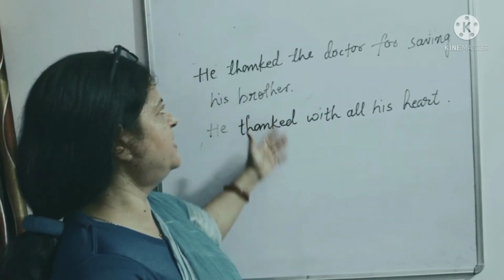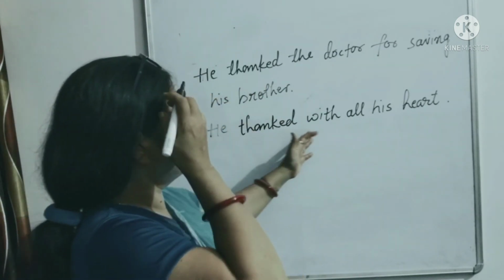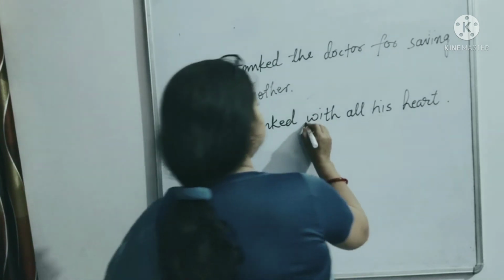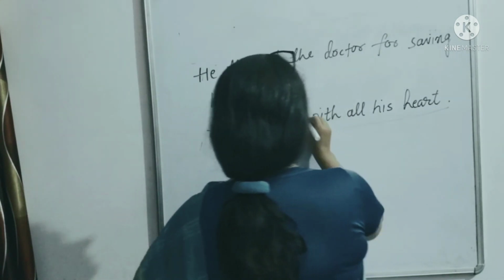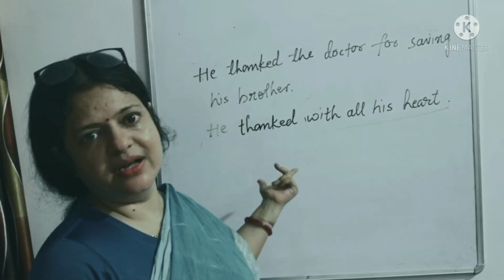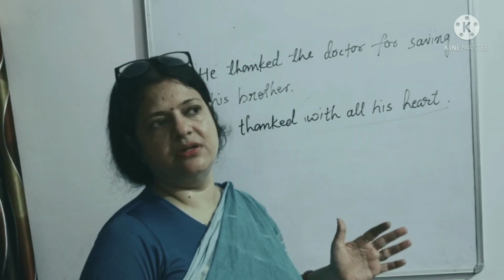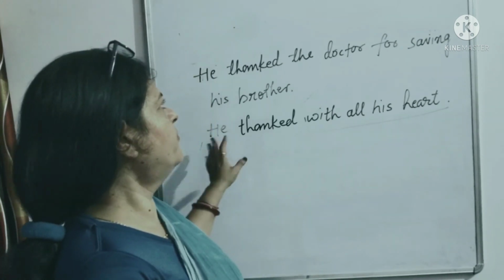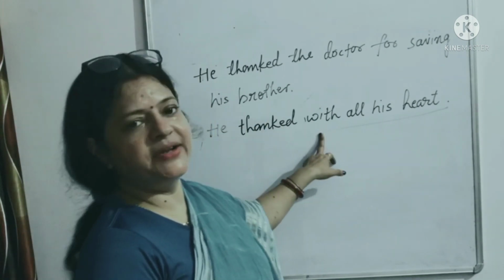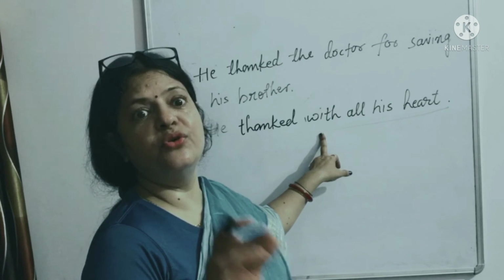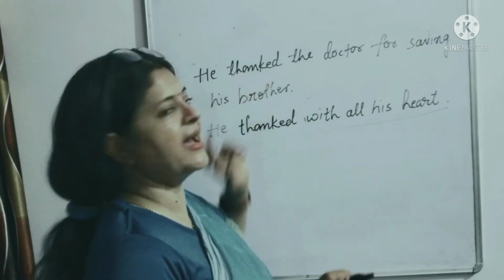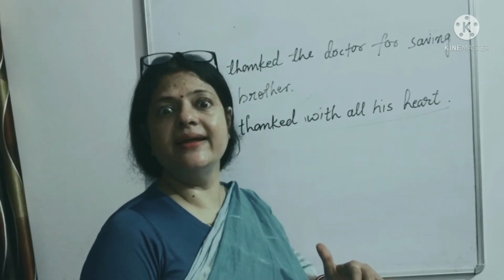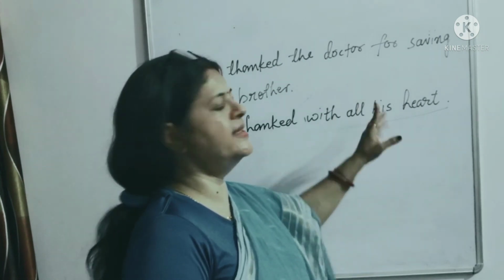Here, with all his heart is a phrase. It's an adverbial phrase, already present in the sentence, giving information about the thanking. How did he thank? He thanked with all his heart.